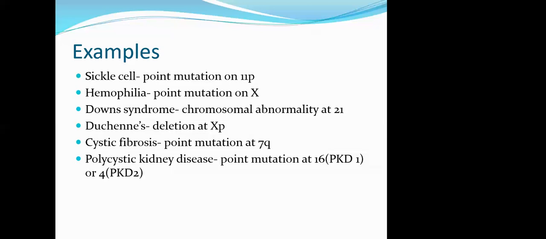Polycystic kidney disease results from a point mutation at chromosome number 16, PKD1, polycystic kidney disease 1, or chromosome 4, PKD2, polycystic kidney disease 2. So as you can see, these genetic diseases arise because of mutations at some areas, and the areas are clearly known.